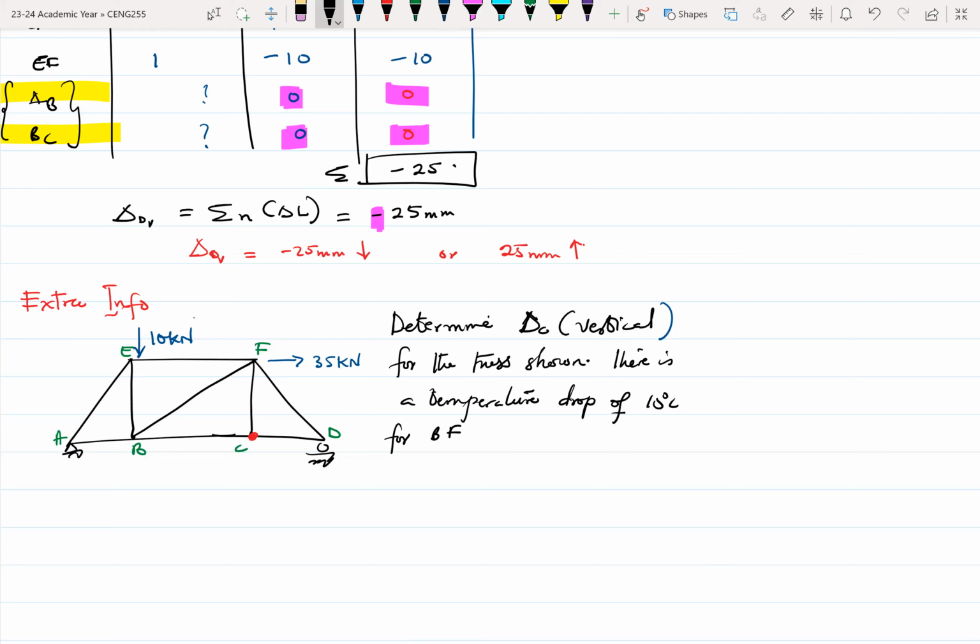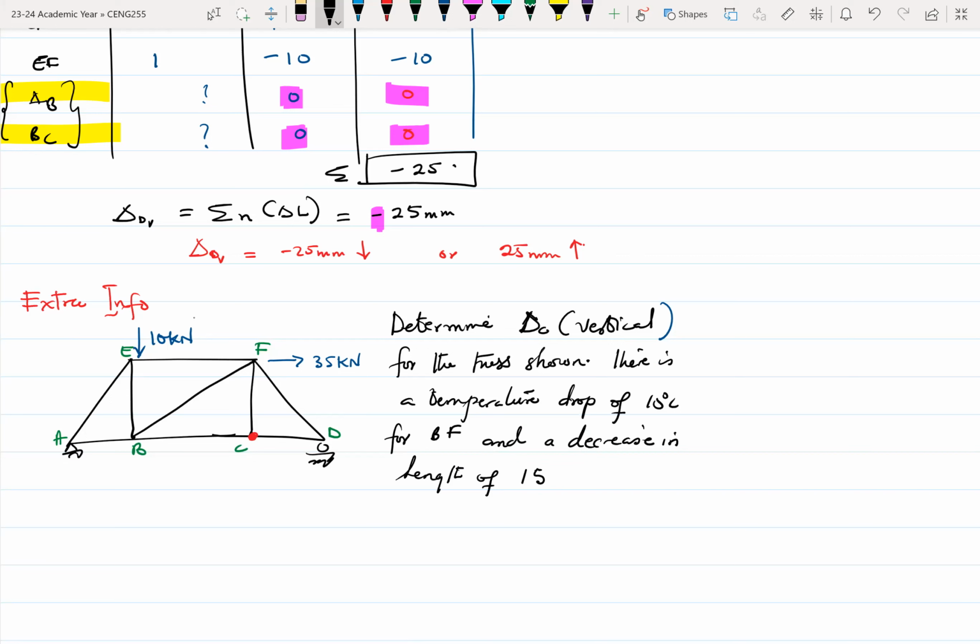And a decrease in length of 15 millimeters for member FC. I use the word decrease so that we know what kind of change in length it is.